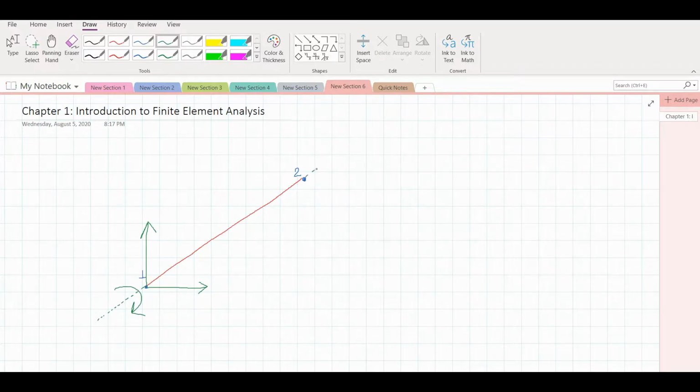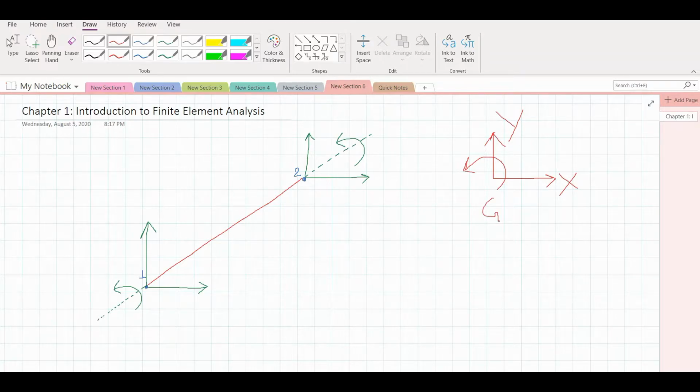So for this case also we'll have this one, and rotation about this axis here. Let us use our general convention, which is anti-clockwise positive. Let's say that this is our global reference axis, that's y, that's x.